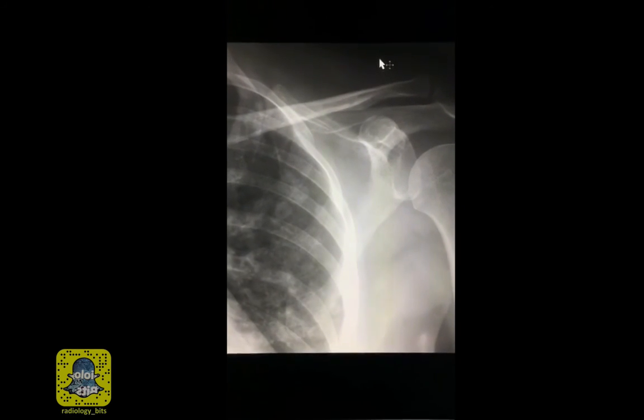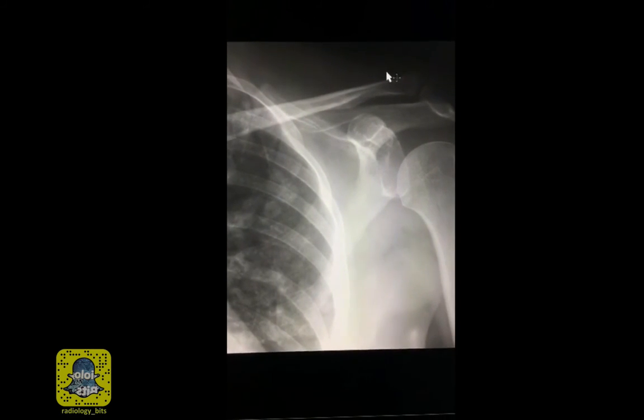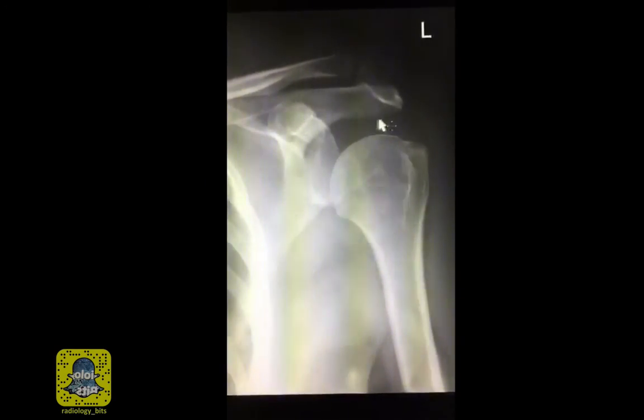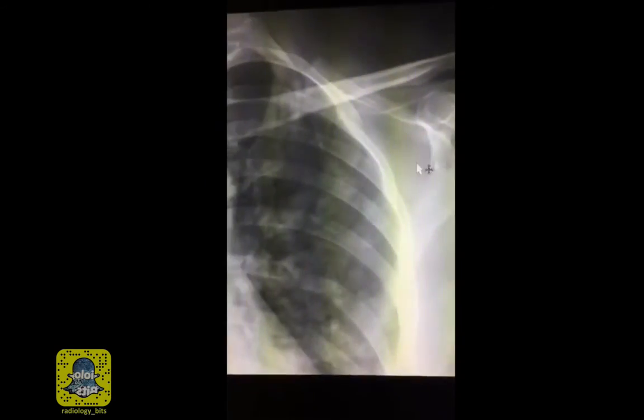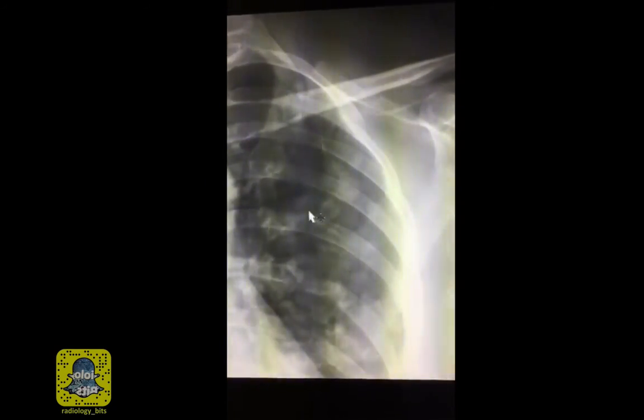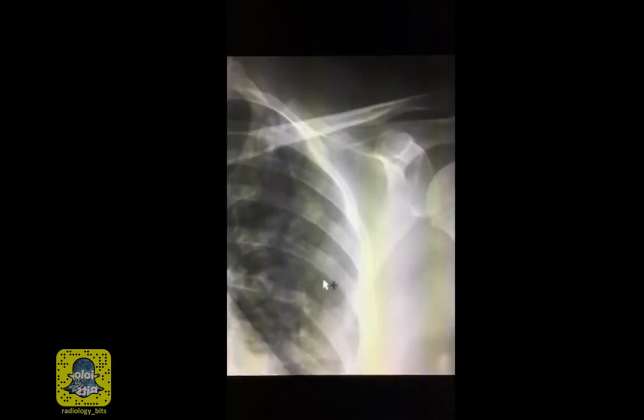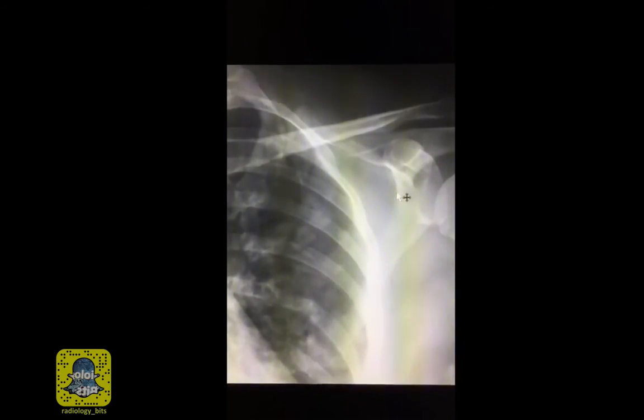This is the patient's shoulder x-ray a few days before. Although it's very difficult to comment on any humeral abnormalities, the lung lesions are so clear. So again, don't look at the bones or the joints and forget to look at the rest of the examination. Satisfaction of search is a dangerous thing.